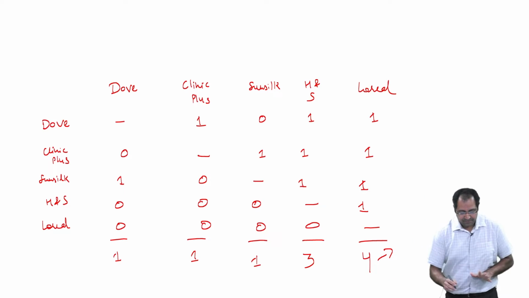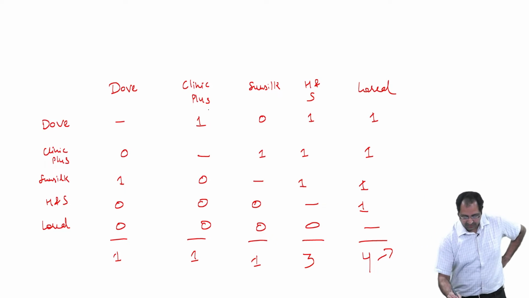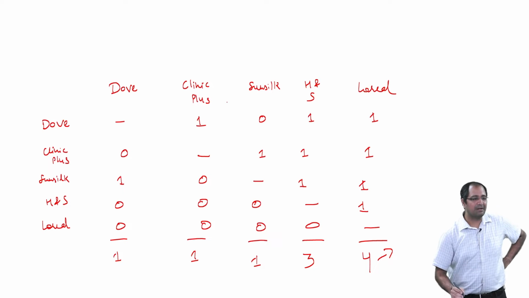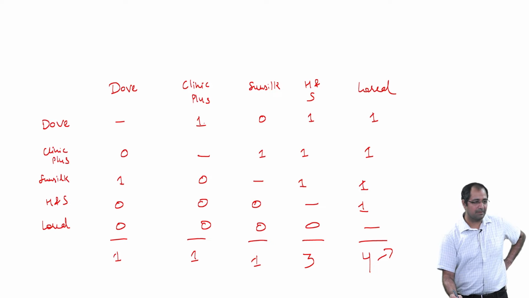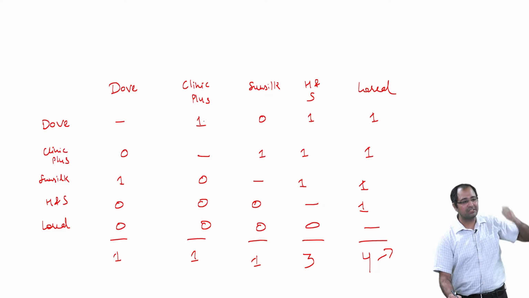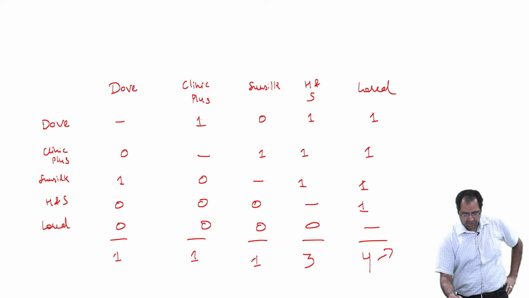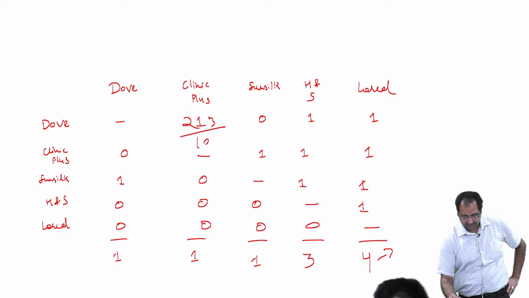Let's say for 1000 people, you got this matrix, and then you want to compare between Dove and Clinic Plus. Dove and Clinic Plus for 1000 people. And let's say one score was there among, when you add the scores across 1000 matrices, you get the score, let's say 213 out of 1000.